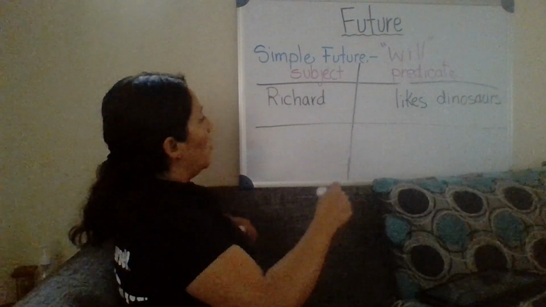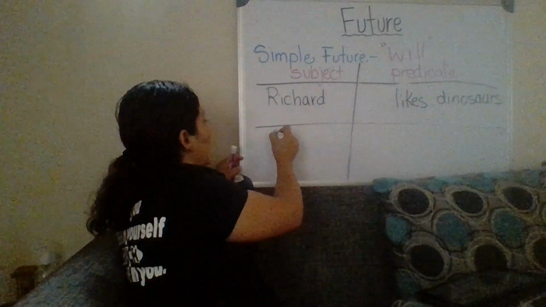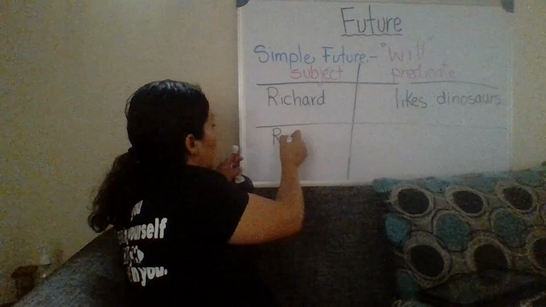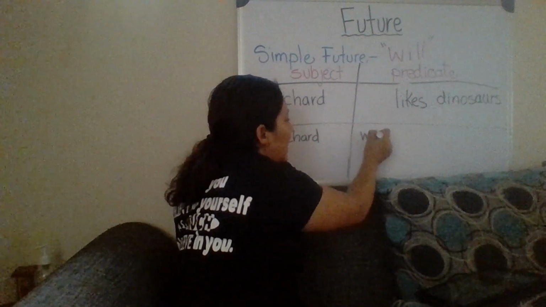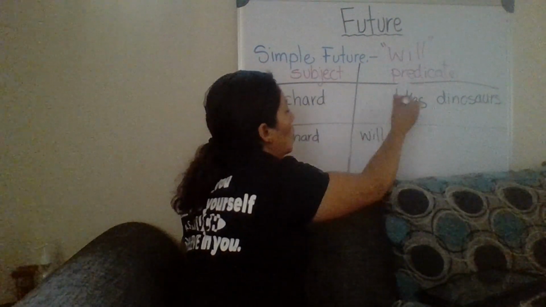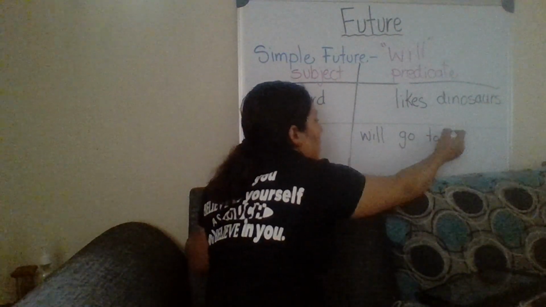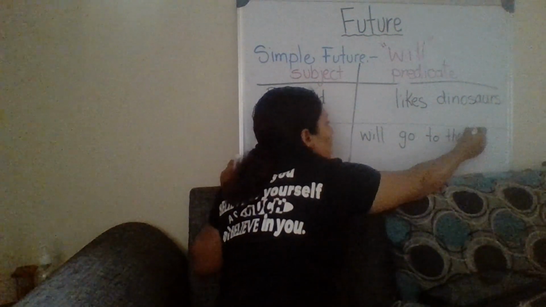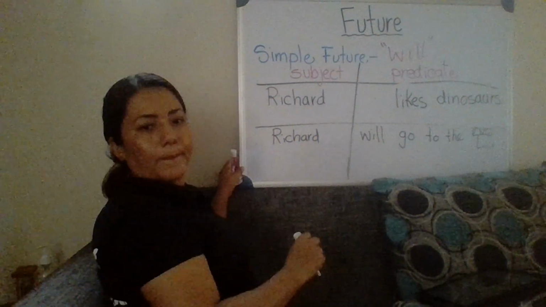Okay, so, well, something very simple. We can say Richard will, because that's the formula, that's the grammar. Richard will go to the museum. To the museum. That's a museum. Okay.